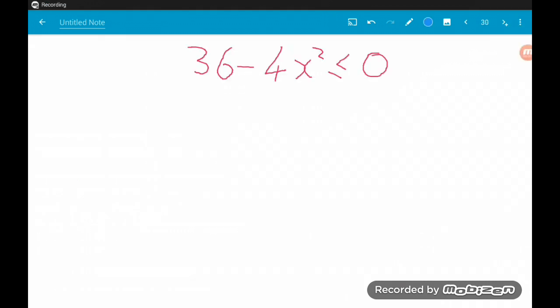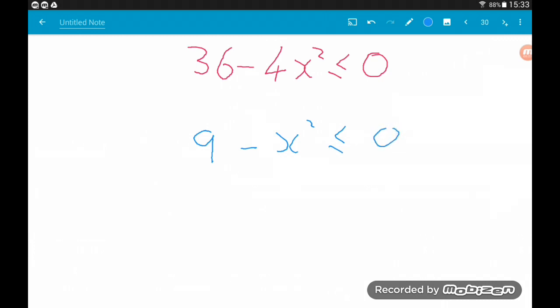Okay, example 3. 36 minus 4x squared is less than or equal to 0. So, first of all, this one, we've got a common factor that we can just divide away. That common factor is 4. So, this is the same as 9 minus x squared is less than or equal to 0.